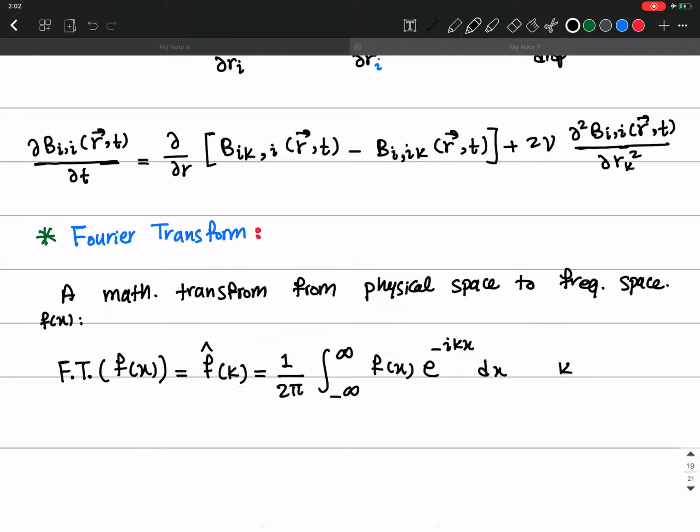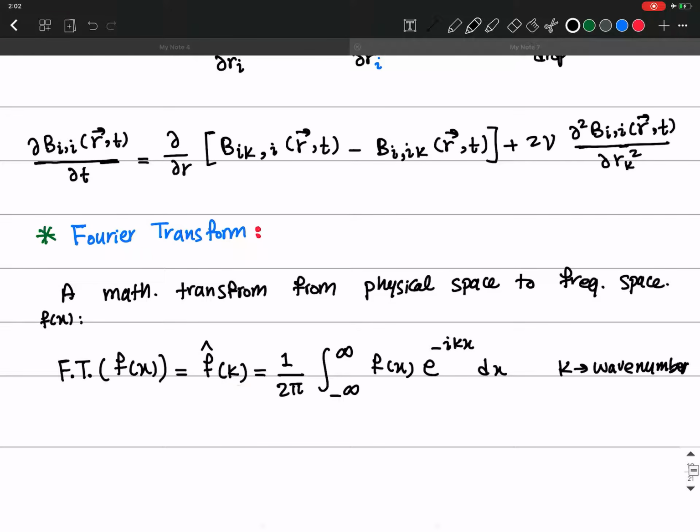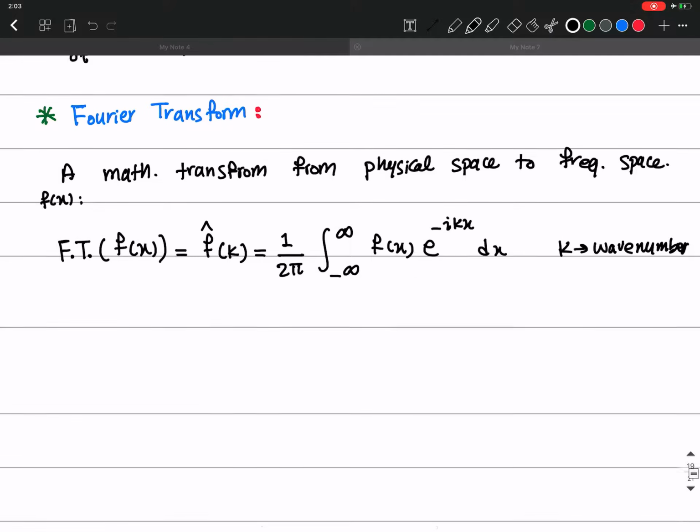And k here is wave number. So if you do this, you are going to get a function which depends on k, or wave numbers. So we have actually transformed the function from physical space in x into the frequency space k. Okay.